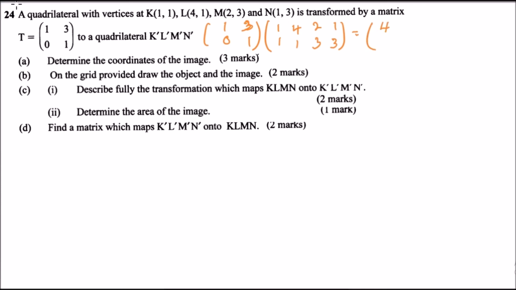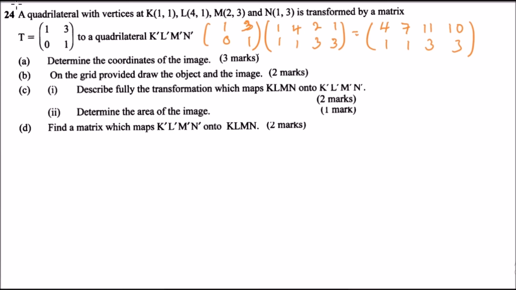Then you have 1 times 4 is 4, plus 3, that will give you 7. Then we have 1 times 2 is 2, plus 9, that is 11. And then we have 1 times 1 is 1, plus 9, that is 10. This other row is easy because it is 0 times 1, 1 times 1 is 1. So the second row will repeat itself because the first element is 0 and the other element is 1.